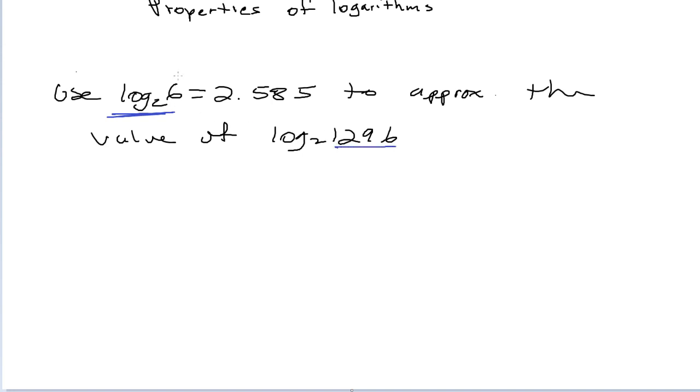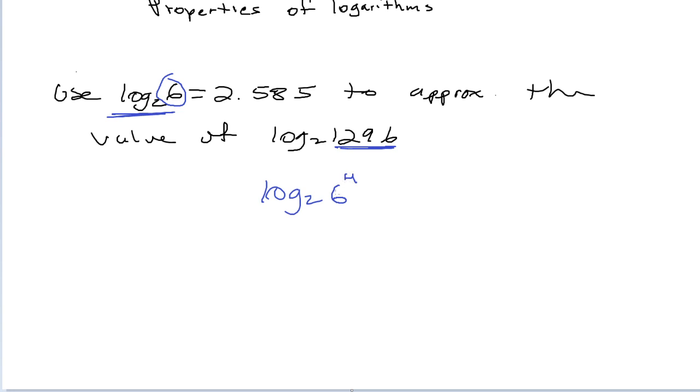So let's see, we know that 6 will divide this number. How many times can 6 go into 1,296? I know that 6 goes into that number. It's a perfect power. It's going to be 6 to the 4th, because 6 to the 4th is 1,296.